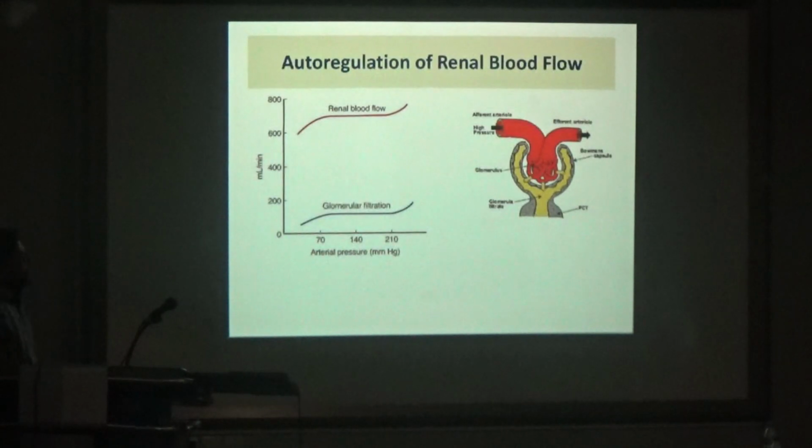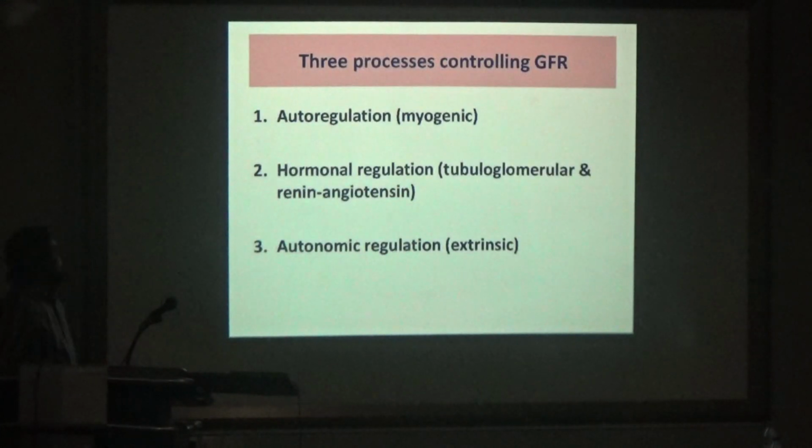In our previous lecture we had this slide: three processes that control GFR. Is it just autoregulation that controls GFR, or does something else also control it? Autoregulation is the myogenic mechanism; it is in the muscle.